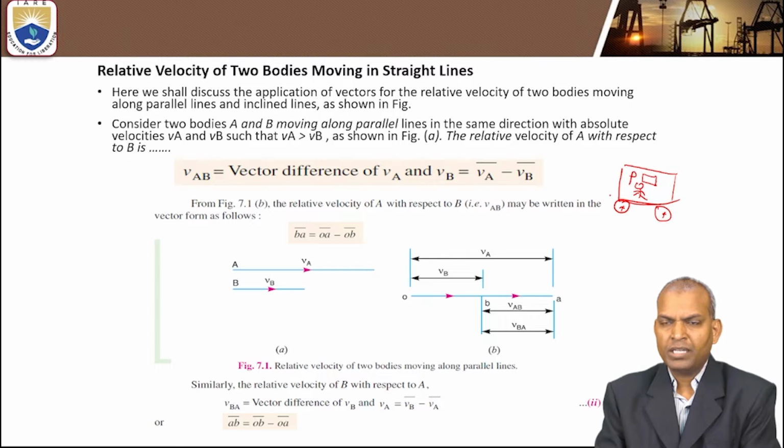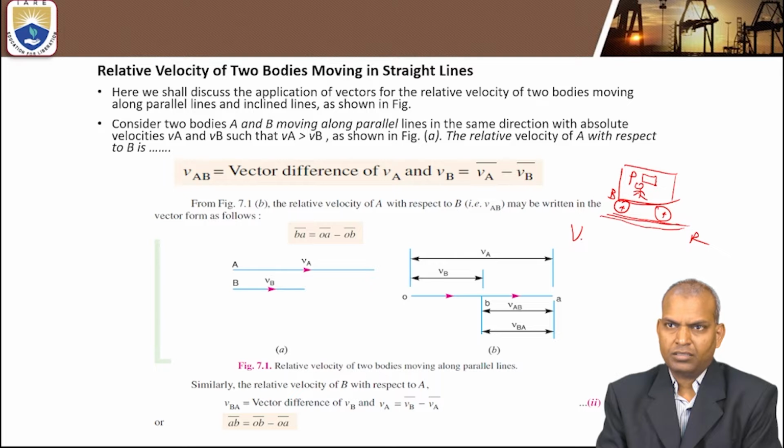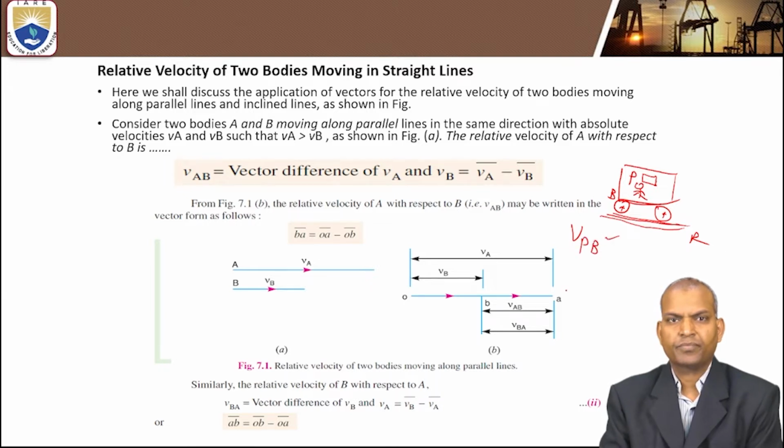The person's name is P, the bus is B, and the bus is moving on the road, that is R. The velocity of the person with respect to the bus is VPB, and the velocity of the bus with respect to the road is VBR.